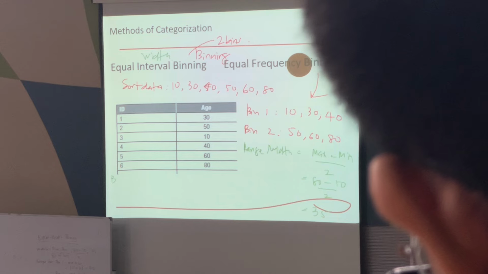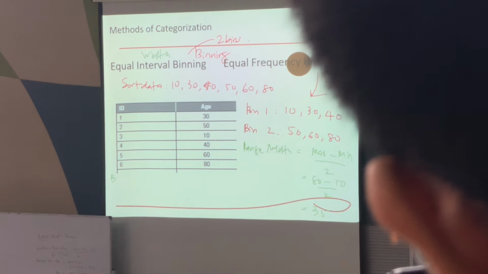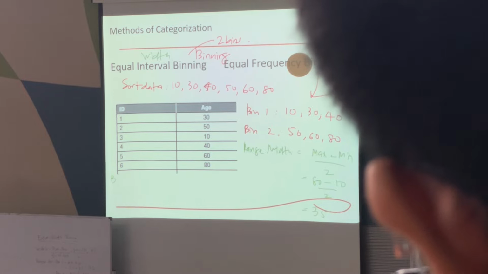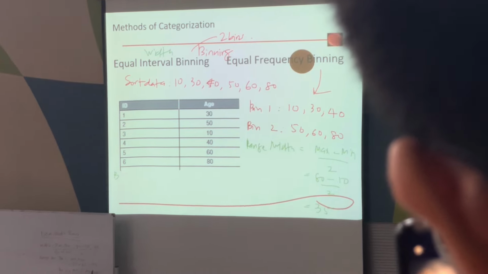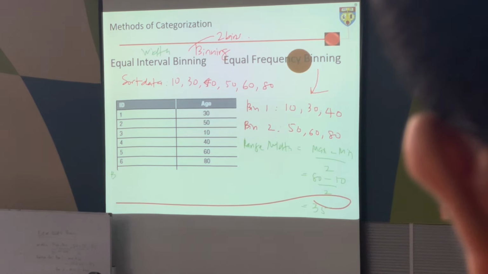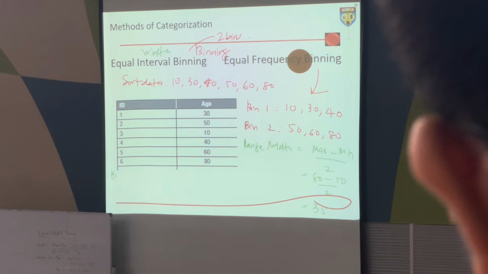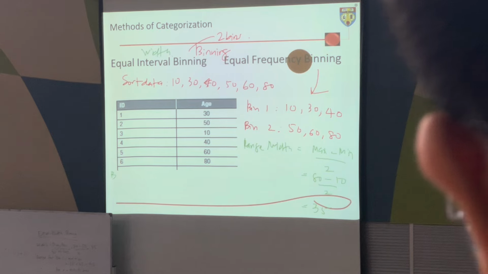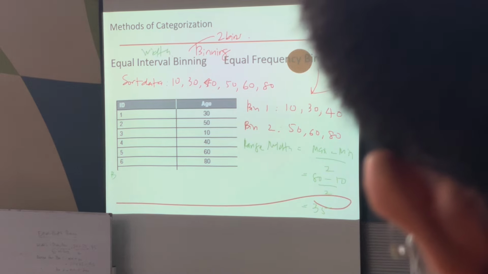The width is equal to 35, and then we need to identify the range for bin 1 and also bin 2. So this is the standard formula: min plus width for bin 1, and then for bin 2, min plus 2 width. Let's say you have bin 3, min plus 3w, up until min plus nw.